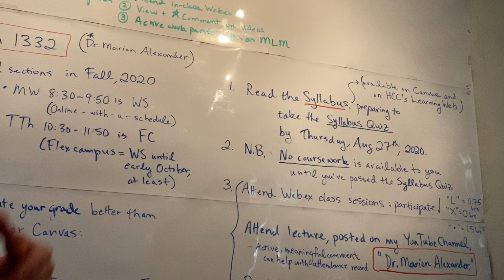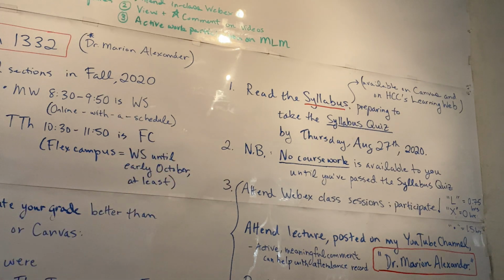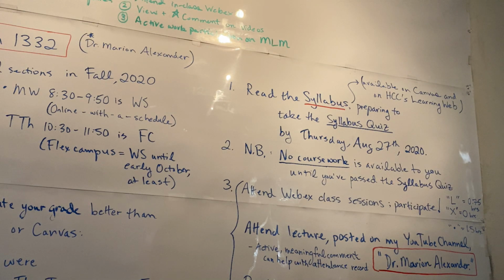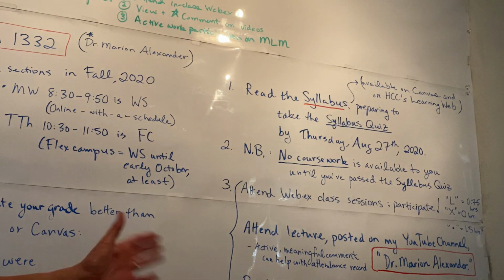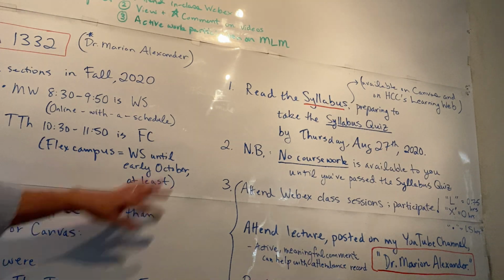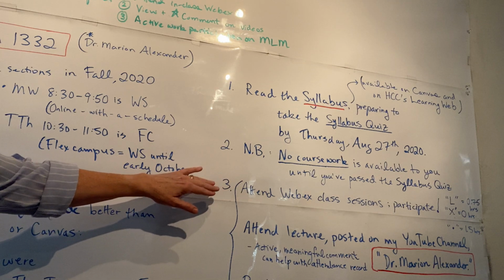If you arrive late or leave early, you get an L next to your name, which means that I'm giving you just 0.75 hours. That is not up for discussion. That's the way it is. And if you are just not present at all in any meaningful way that I can see, then you get 0 hours for that section. So you would need to attend the online classes.